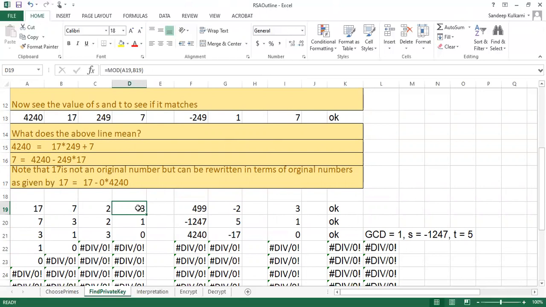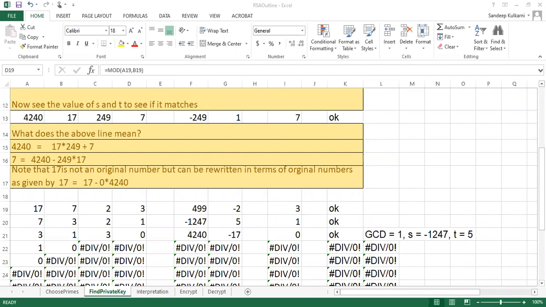I'm not doing these steps over here, but I would like you to do the steps that are here, which is to write the remainder 3 in terms of 17 and 7. So we can write 3 is equal to 17 minus 2 times 7.